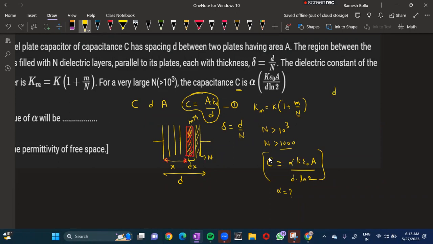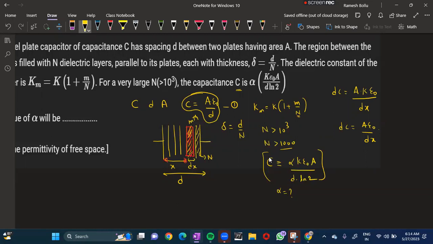What is the capacitance? dC equal to A into epsilon naught by the distance between the plates, I mean the thickness only, that is nothing but dx. So dC is A into epsilon naught by dx.